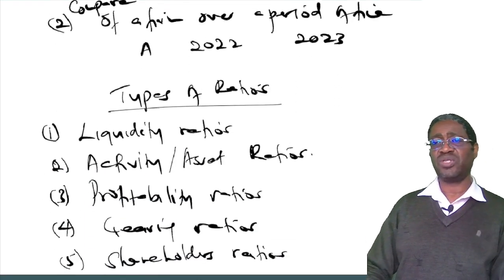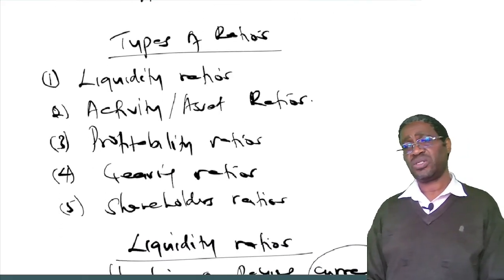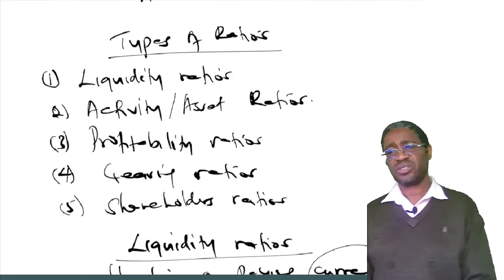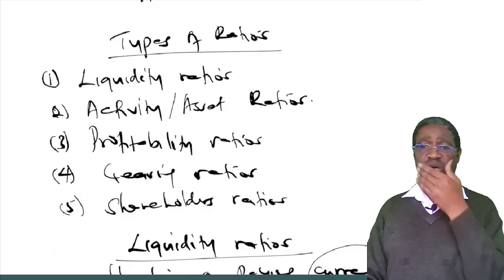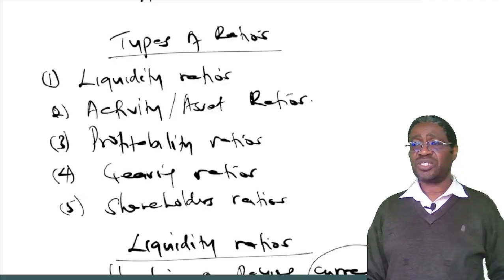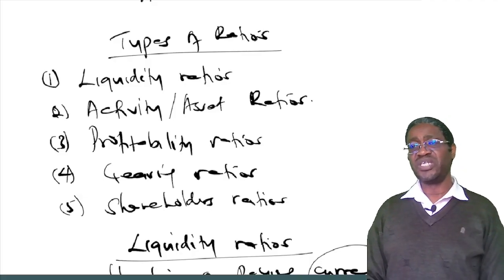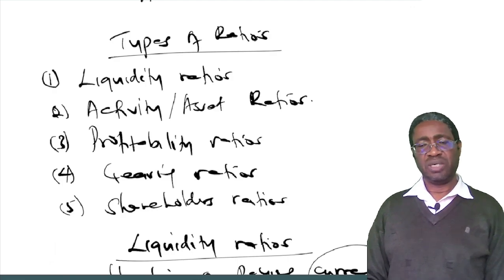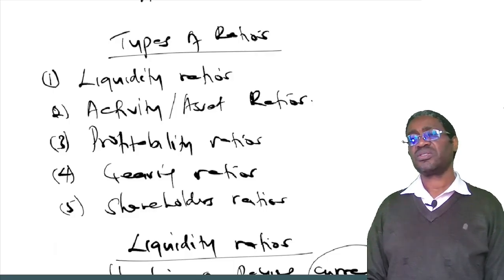Now we can go to the next subtopic, types of ratios. Let's quote them as they are. The subtopic is types of ratios. Number one, liquidity ratios. Number two, activity/asset ratios.